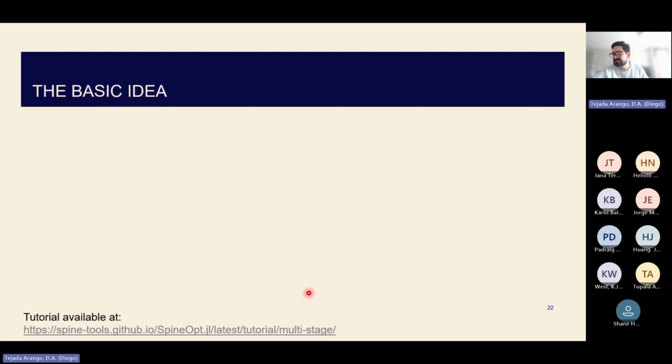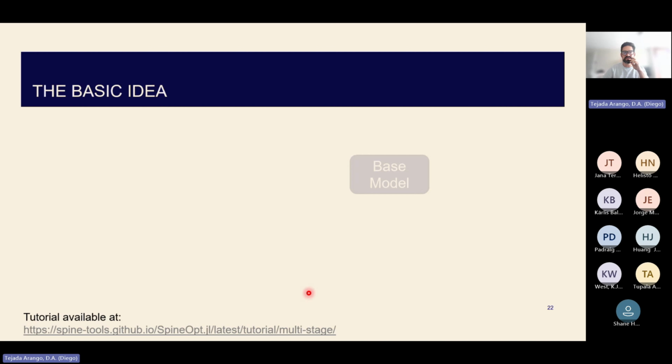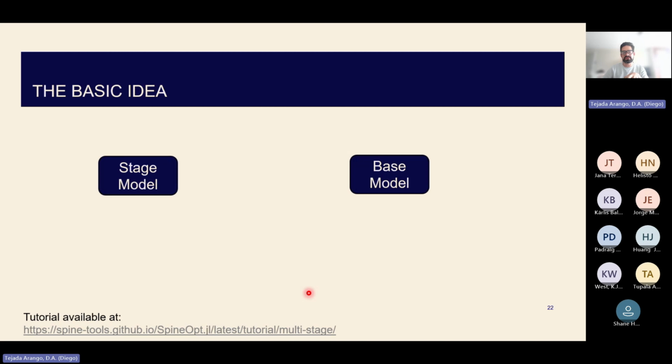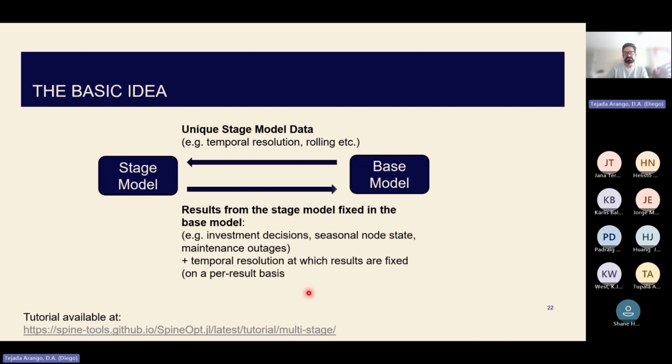And last but not least, I'm not going to spend that much time, because there is actually a webinar next week with all the details of this. But for multi-stage optimization, the basic idea is that you have a base model and you have another stage, and basically what you want is to have interactions between these two stages.